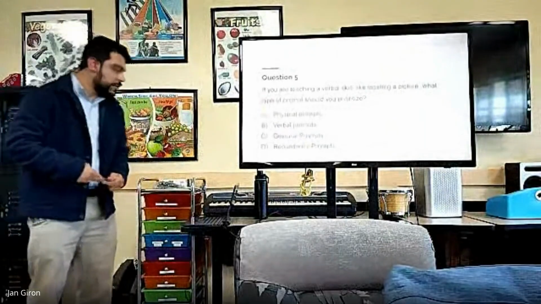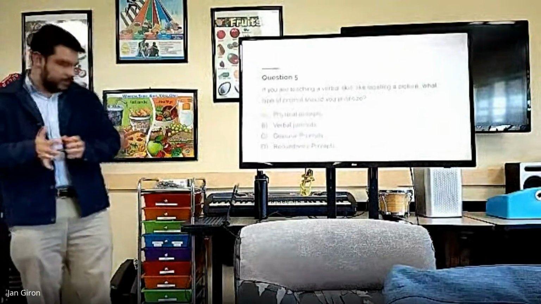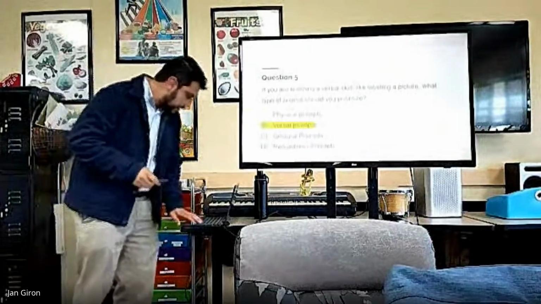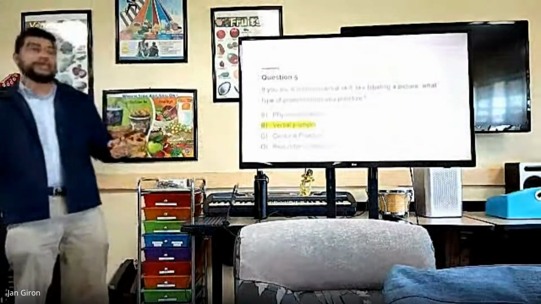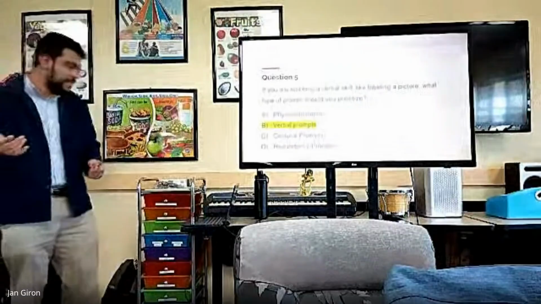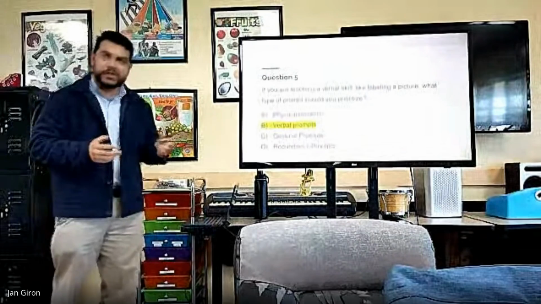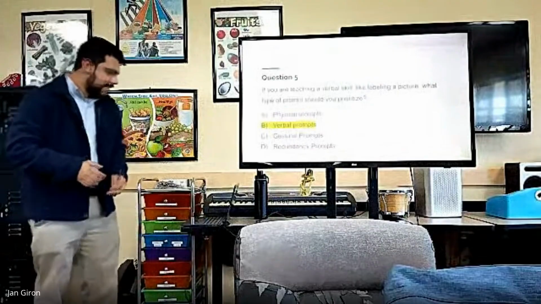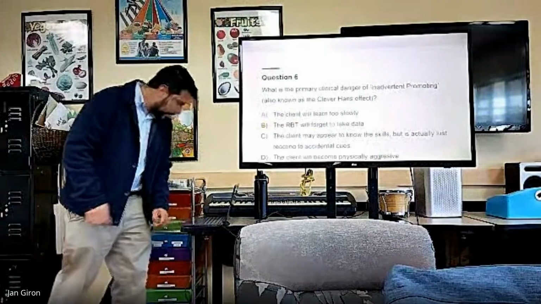What type of prompt should you prioritize? B, verbal. Yes, verbal prompts. I can't even think of a way to do labeling a picture with a physical prompt unless they're signing. Something to think about.